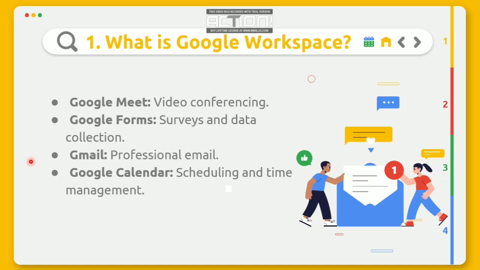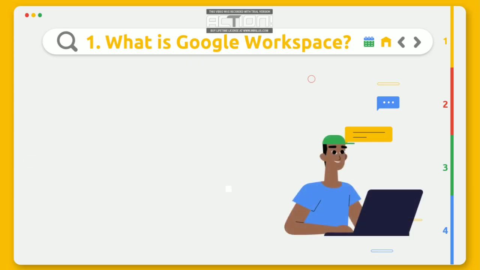Now let's talk about the key benefits of Google Workspace. The main benefit, the main one, is real-time collaboration. Let's say that your teacher has tasked you to work in groups, okay? Groups of 4.